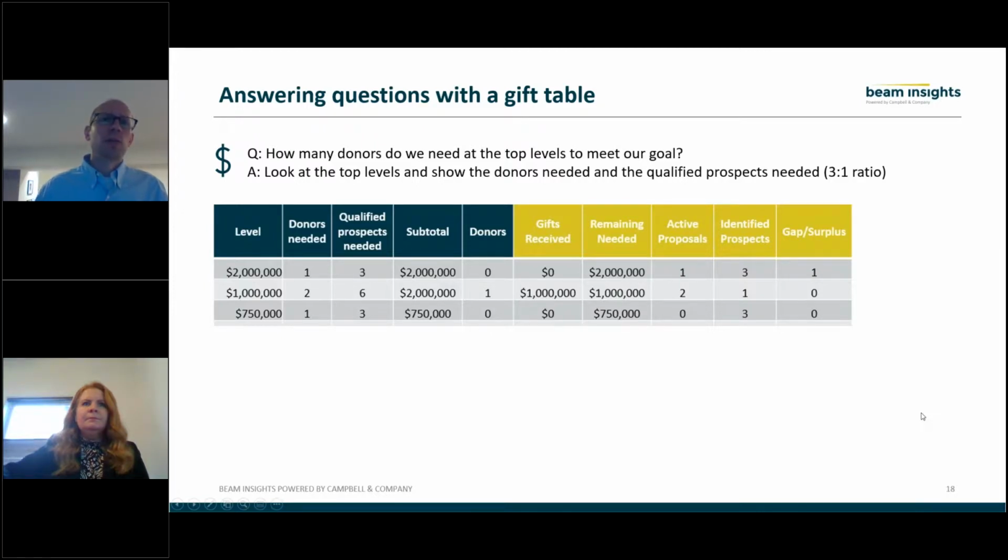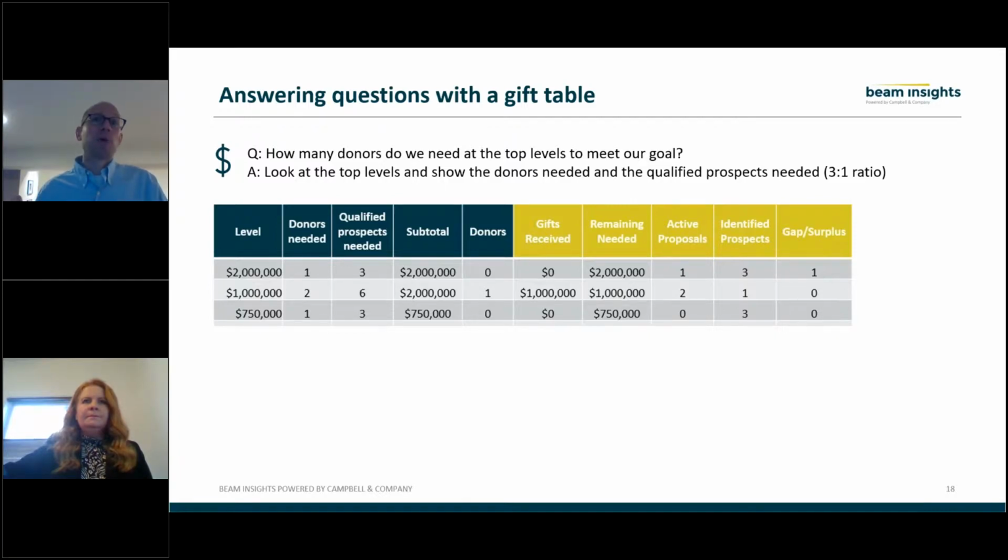As Caitlin mentioned, we often use a very conservative or risk-averse 3-to-1 qualified prospects to donors needed ratio. In practice, we find that the ratio actually decreases at the highest ends of the table. So when you're looking at the top 2 or 3 levels, you might actually be looking at a 2.5, a 2, or sometimes even a 1.5 to 1 qualified prospect to donors needed.